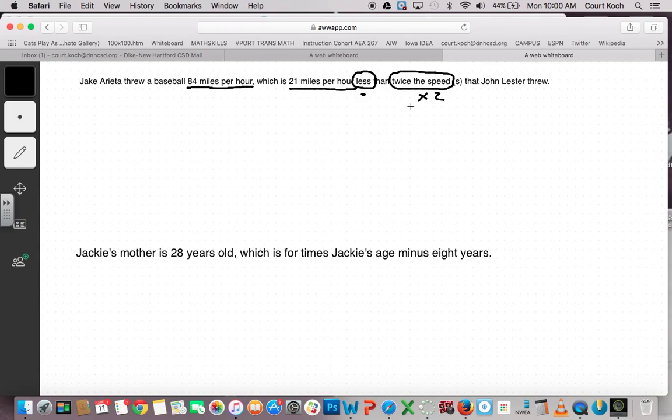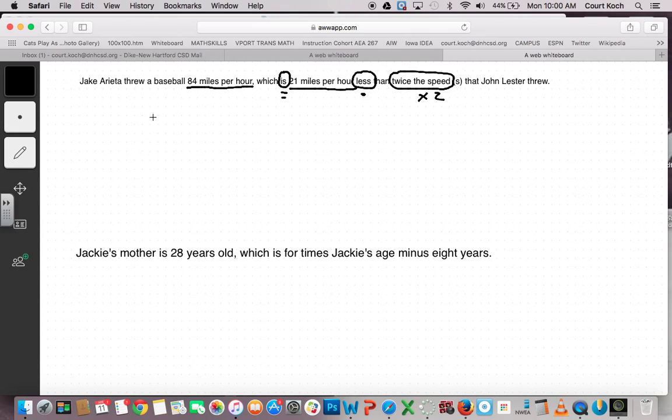So I go back to my problem and see where I see a word that might mean equals. And this hasn't changed since we talked about proportionality and proportion equations. "Is" is another word that means equals. So 84 is 21 miles per hour less than twice the speed that Jon Lester threw.